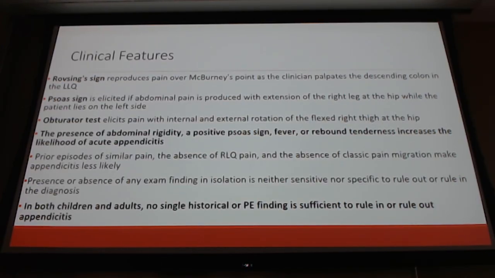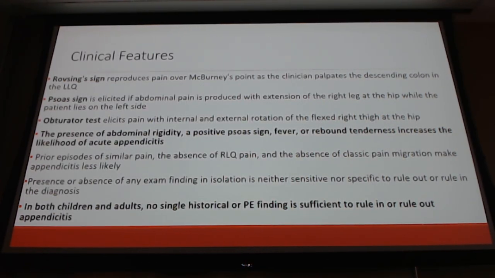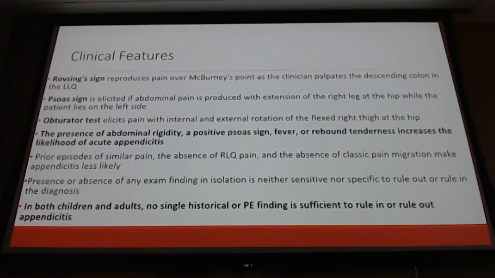So they say that rigidity, along with psoas sign, fever, and rebound tenderness, all increase the likelihood of appendicitis. No one imaging or physical exam finding is going to support that, but a combination of them will. If they've had symptoms for a long time, there's no right lower quadrant pain, and there has been no pain migration, it decreases the likelihood.